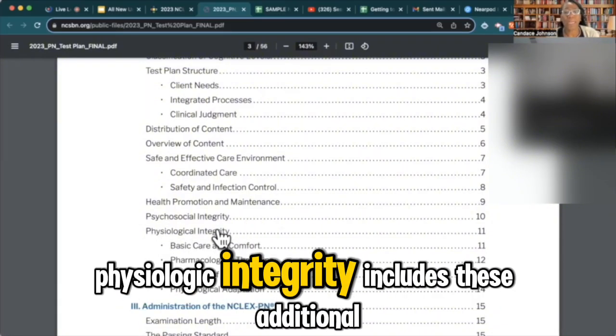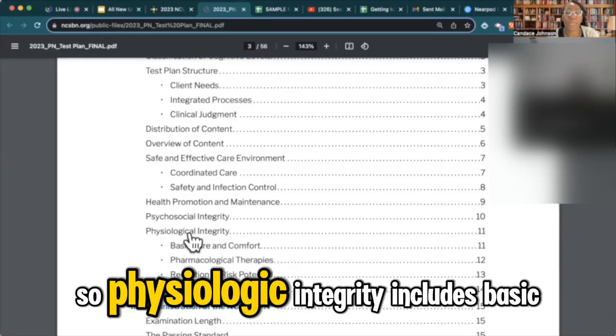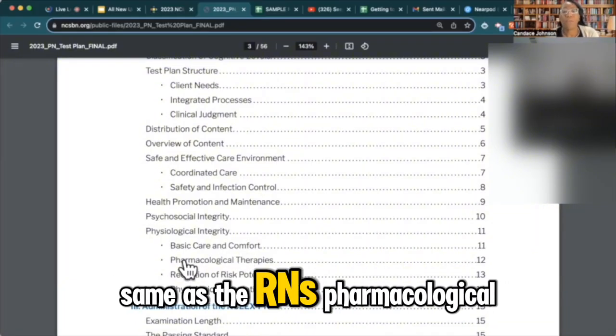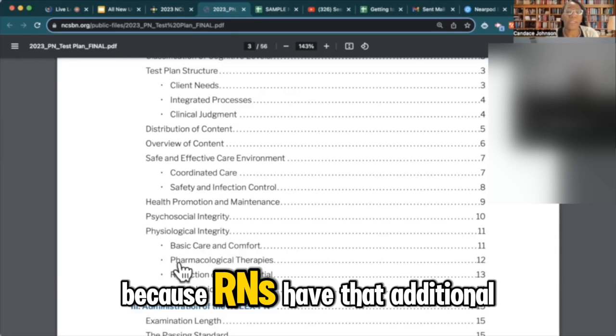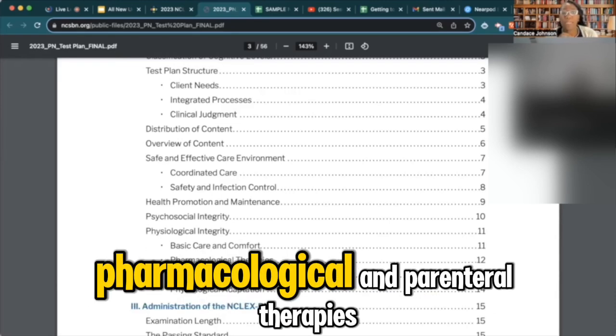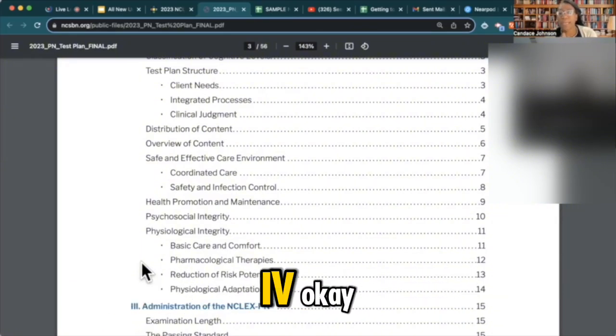Physiological integrity includes these additional 4 categories. It includes basic care and comfort, same as the RNs. Pharmacological therapies are slightly different because RNs have that additional parenteral, meaning pharmacological and parenteral therapies. Parenteral means through the IV.